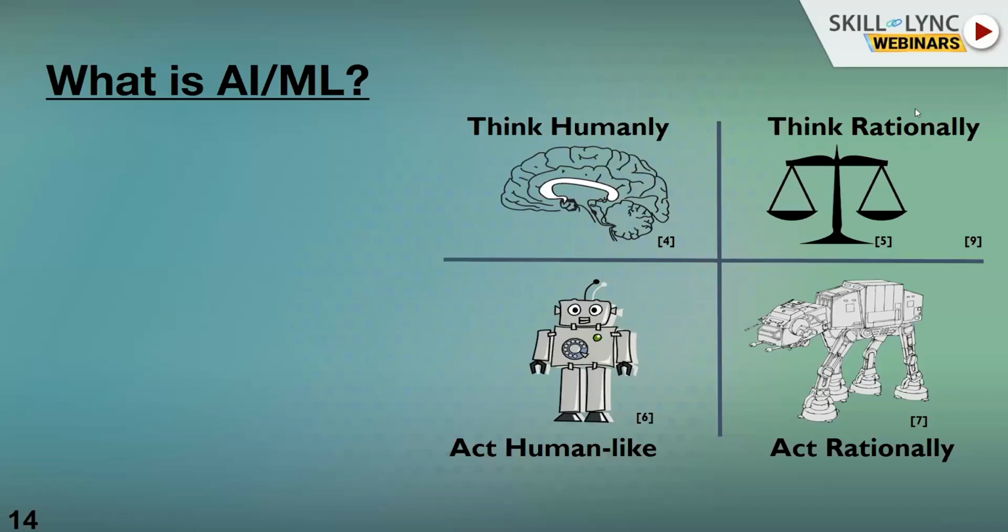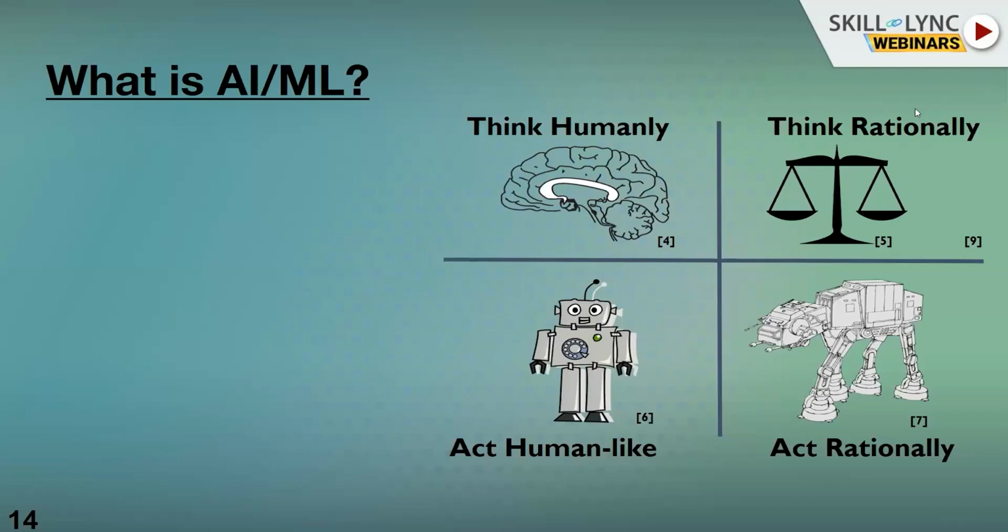One is about thinking. Is it about thinking, or is it about acting? Where does AI come into the picture? The horizontal dimension you see in the picture has the top layer talking about thinking capabilities, and the bottom one talking about acting capabilities.